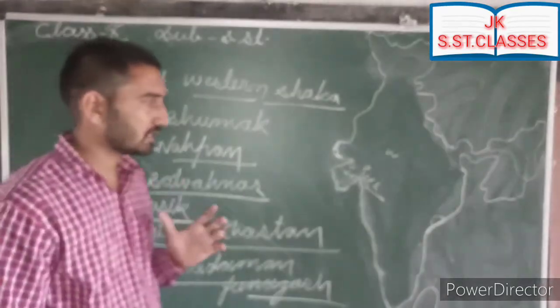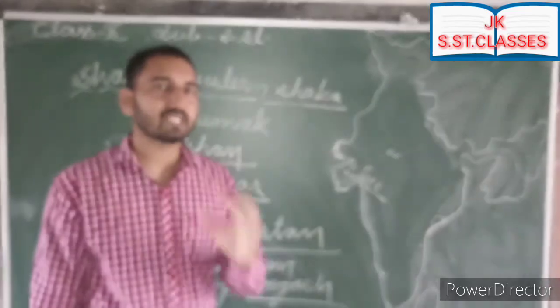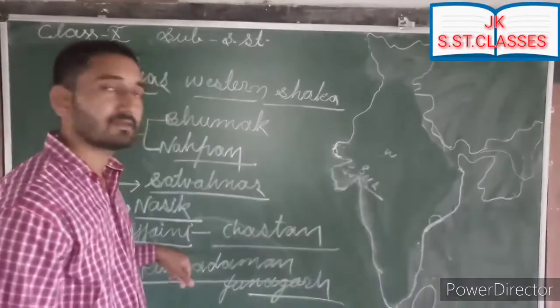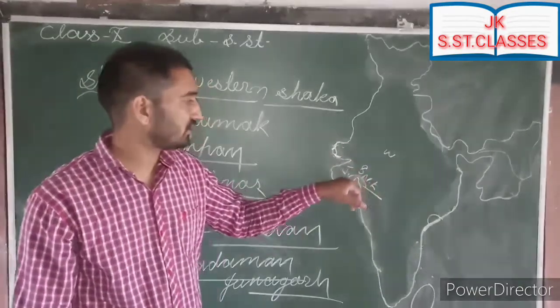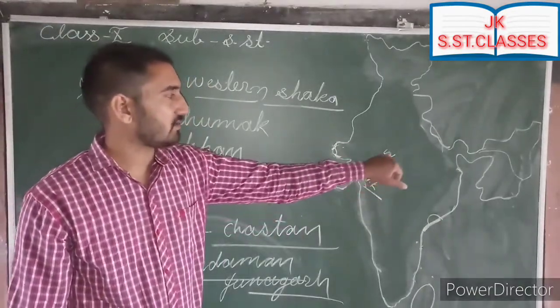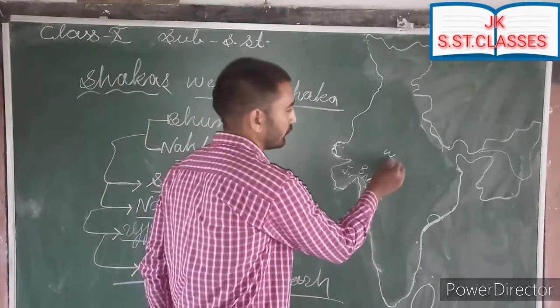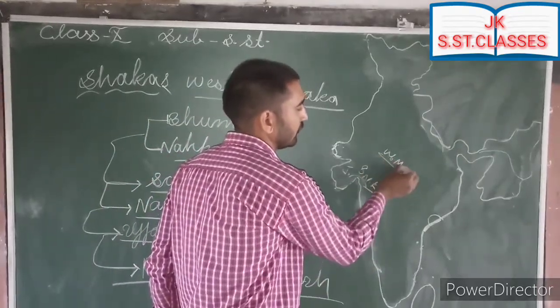Okay, so Rudradaman was a great ruler of the Shaka dynasty of Ujjaini, who established his rule in the region of Junagadh, Saurashtra, Western Malwa, along with Northern Konkan.